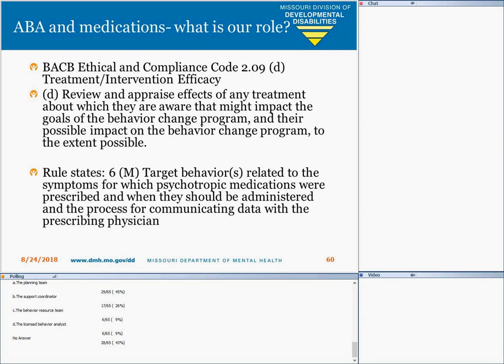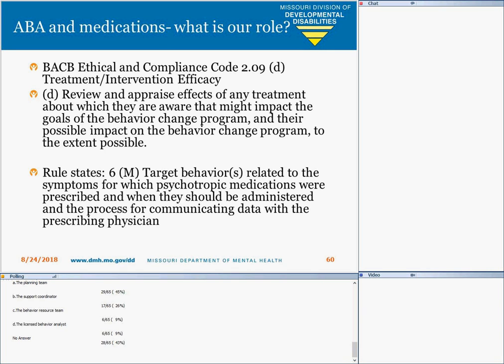So we know that there are some medications that make the person less susceptible to social reinforcement. Well, if the plan mainly utilizes social reinforcement and you administer a medication, then that plan is going to be less effective. So we need to know that and perhaps not just rely on social reinforcement.